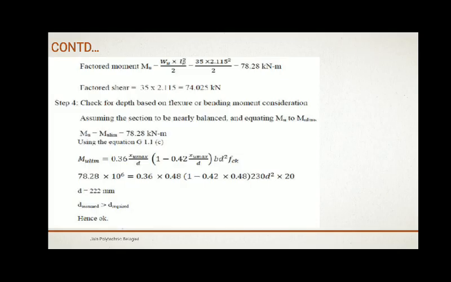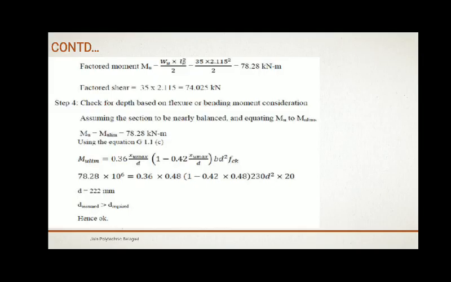Next is factored moment, which is equal to W LE square by 2, that is W into effective length 2.115 meters, the whole square divided by 2, and you get 78.28 kilonewton meter. Now factored shear is equal to whatever W you have got into the effective span, that is 74.025.